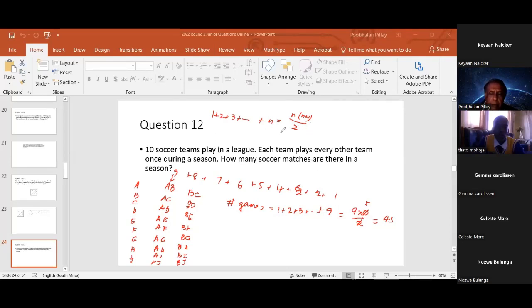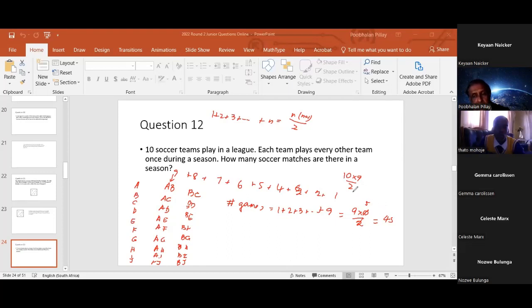So that's a very important formula that you have to know. Or with 10 soccer teams, if you put 10 in front, then it's 10 times 9 divided by 2. So the number of matches is n times n minus 1 divided by 2. You see?